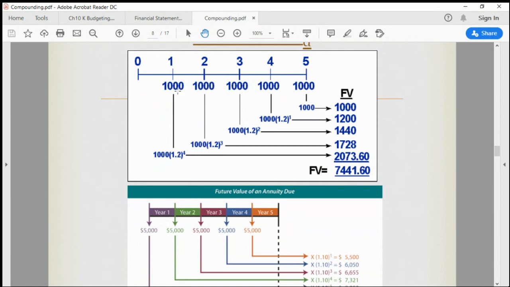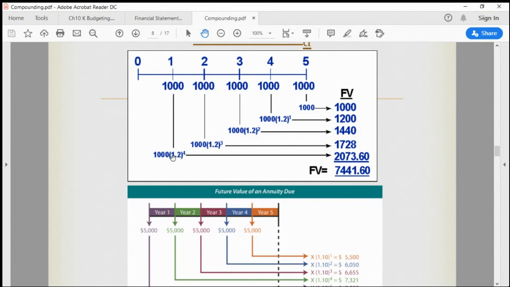This example depicts an annual annuity of $1,000 at the end of the year for 5 years, right? Now our question is, what's going to be the total amount or the future value of this annuity at the end of year 5?